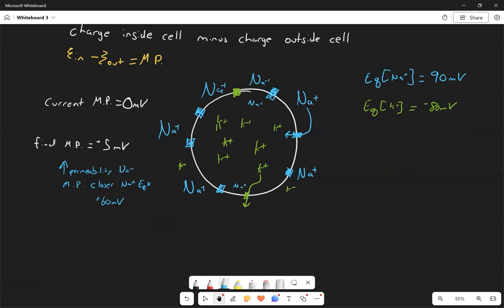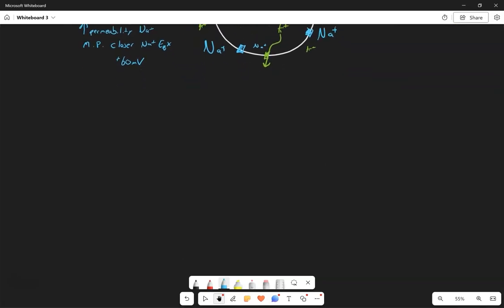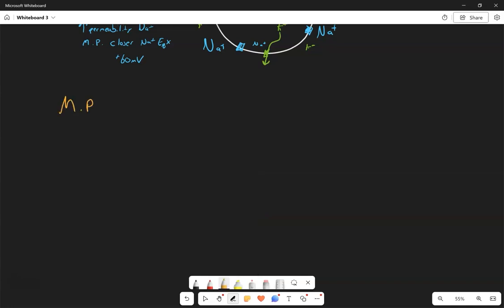If we think about the membrane potential, it is that charge difference across the cell membrane, and that charge is going to be dictated by the ions that are present. The membrane potential of our example cell was dictated by the equilibrium potential of sodium and the equilibrium potential of potassium.